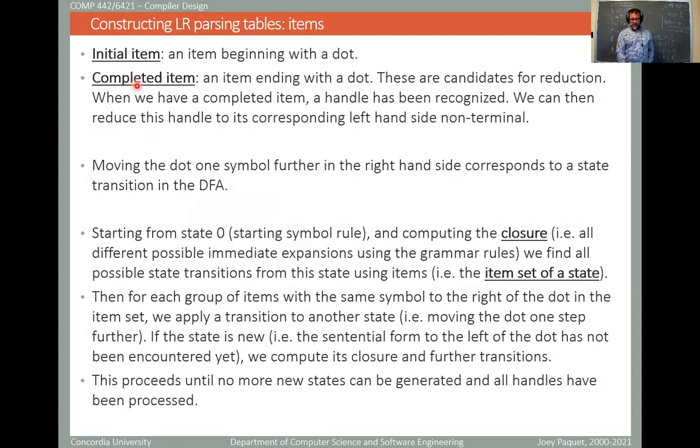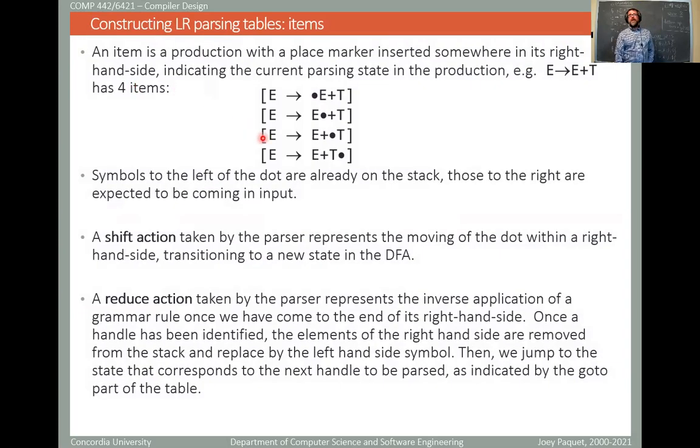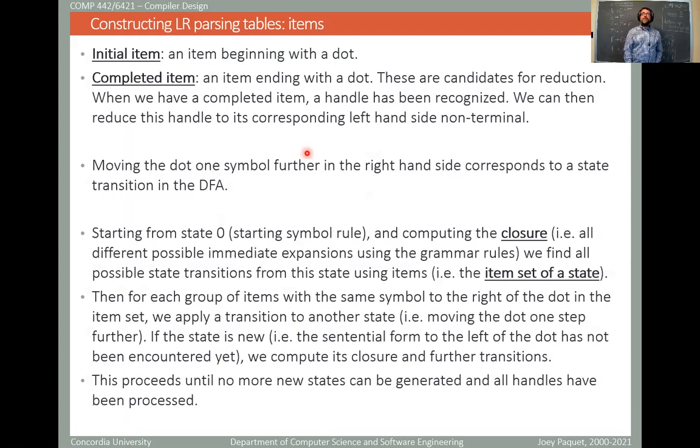Then you have the completed item, one where the dot is at the end. That's the goal we want to reach, one of the main goals in this parsing procedure. Finding a completed item will tell us that we have to apply a reduce operation. A completed item, an item that ends with a dot, is a candidate for reduction.